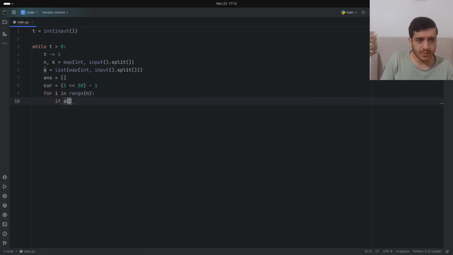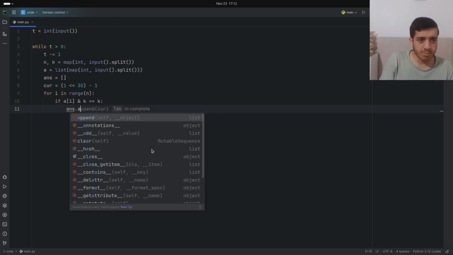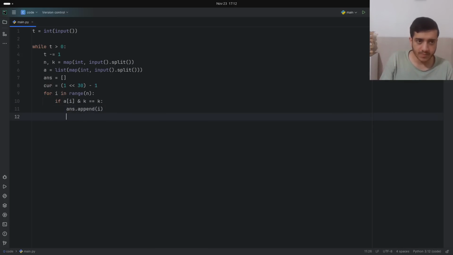If ai AND k is equal to k, I pick this and append i, and current ANDs with ai.